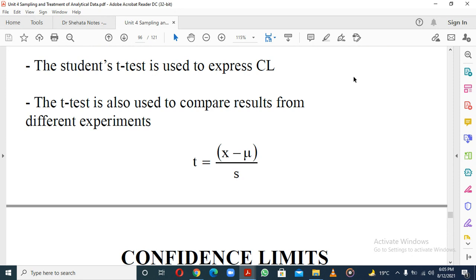And I looked at your tutorial sheet. There were a number of questions which were very much based on these things, about the F test, the Q test, student's t-test. You have to know when they are used, because they'll give you variances, then ask you to compare them.